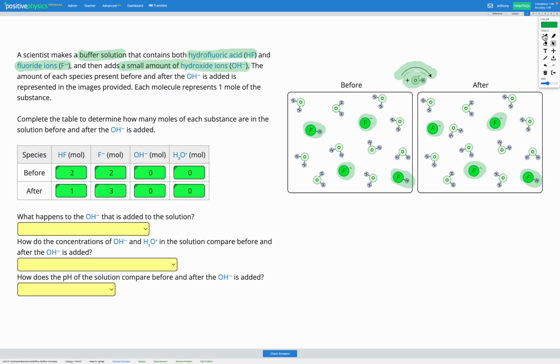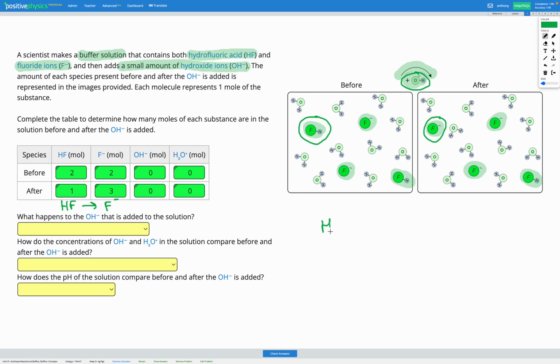So let's try to figure out what happened. Looking at our numbers here, one of our HFs must have turned into an F-. So let's look at our image over here. This one started as HF and it ended as F-. So that must have reacted with the OH- added.